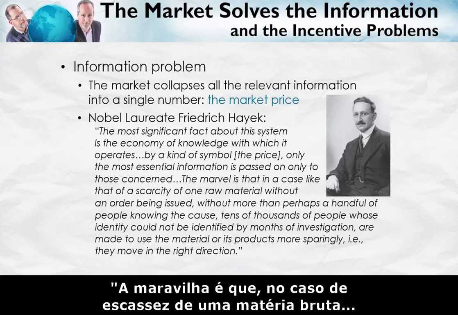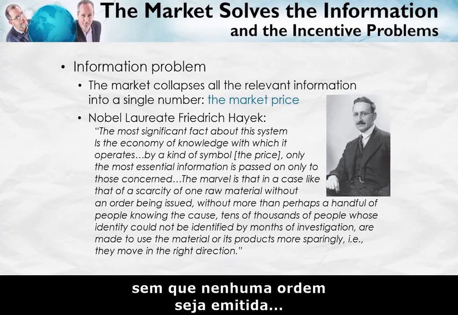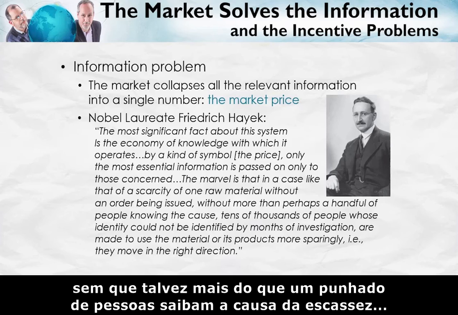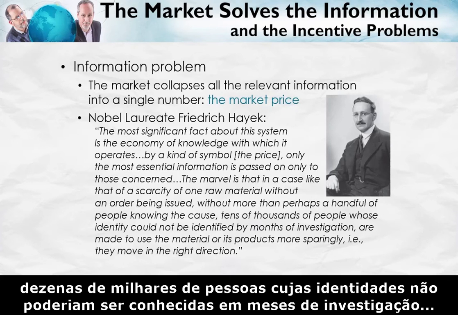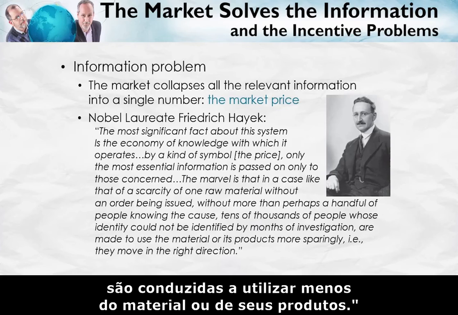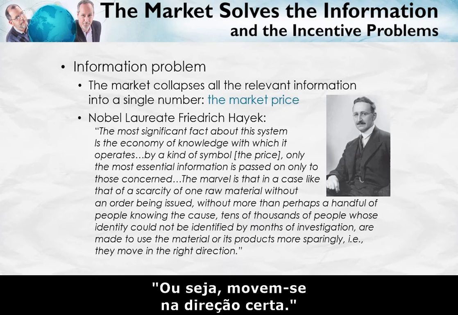The marvel is that in a case like that of a scarcity of one raw material, without an order being issued, without more than perhaps a handful of people knowing the cause of the scarcity, tens of thousands of people whose identity could not be identified by months of investigation are made to use the material or its products more sparingly, i.e. they move in the right direction."